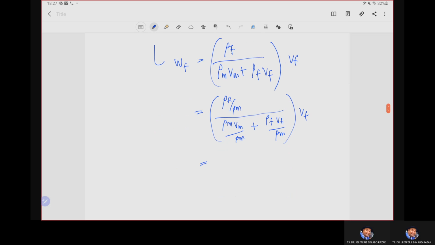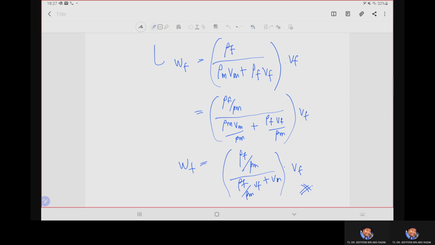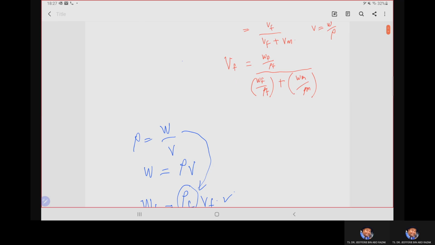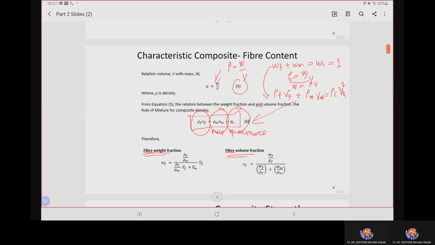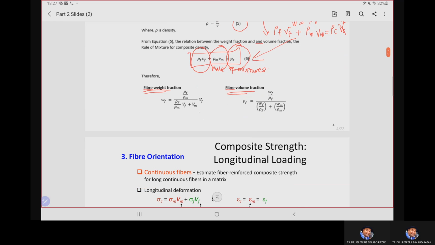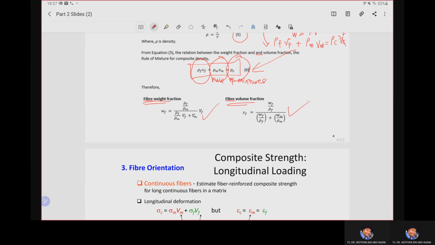Now you will have the equation similar to this slide: rho F over rho M, VF plus VM, times VF. After you simplify the derived equation, at the end you will get the equation similar to here.